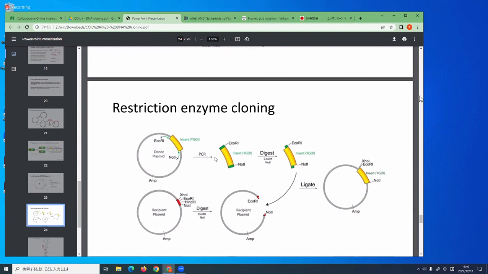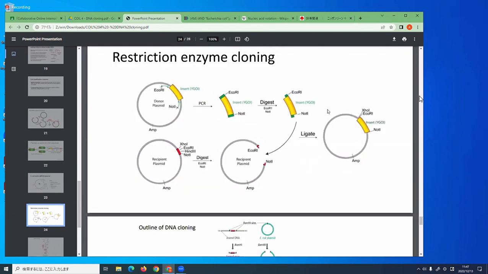For this case, we'll do PCR and add our restriction enzyme sites using our primers, and then we'll cut and produce the sticky ends, right? We'll cut the plasmid site using the sticky ends as well, so that they have complementary ends. This one has EcoRI and NotI being cut. And then by joining these two parts together and adding ligase enzyme, we'll join them.